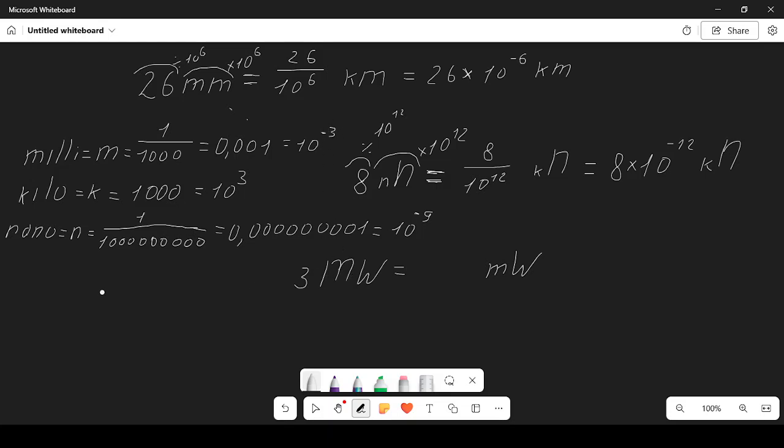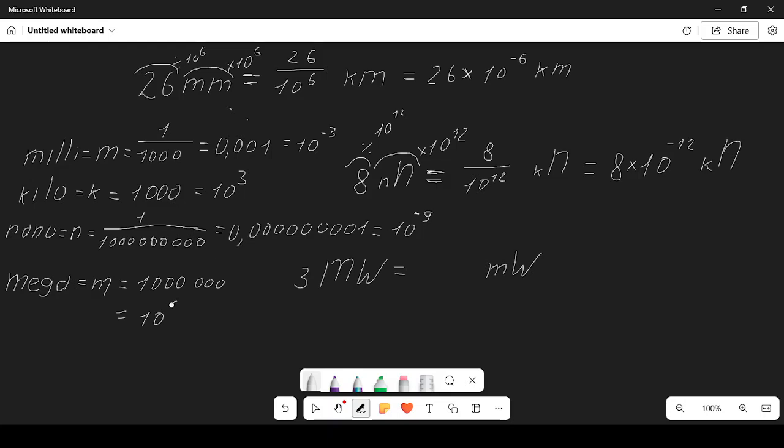What is mega? We write it in one letter like this. Mega is very simple. It's 1 million. 1 million is 6 zeros. Or we can present it as 10 power 6.